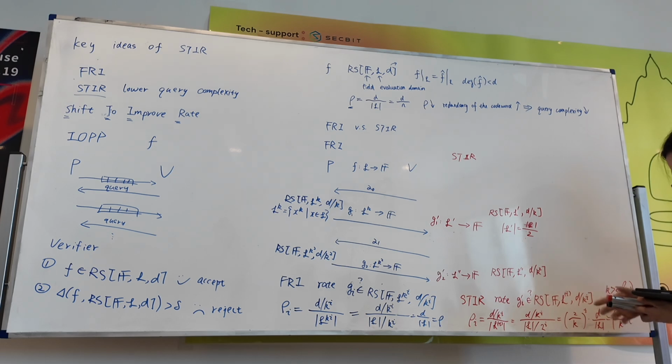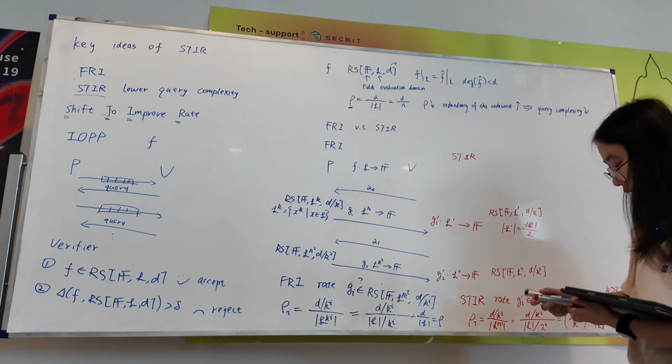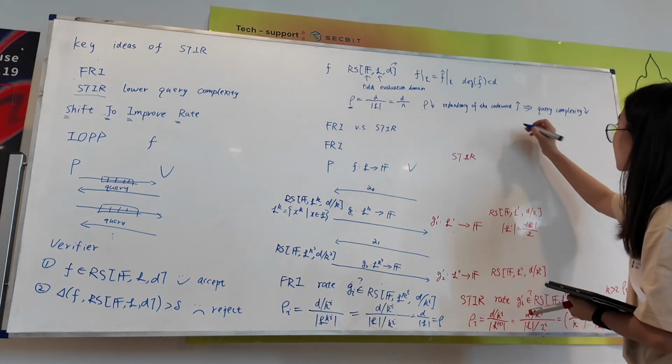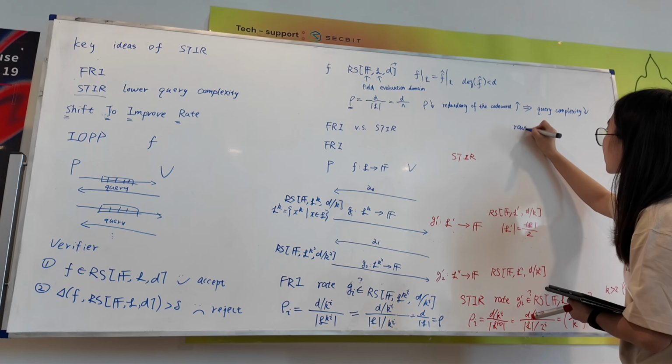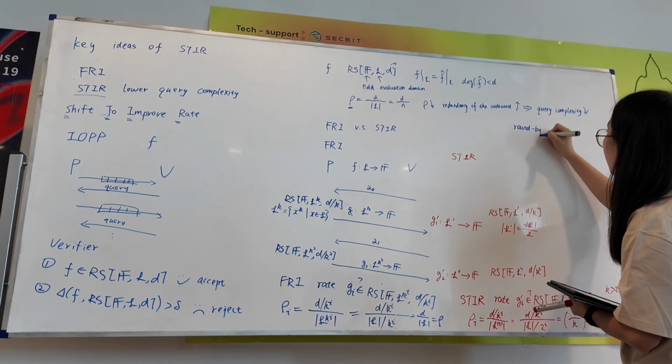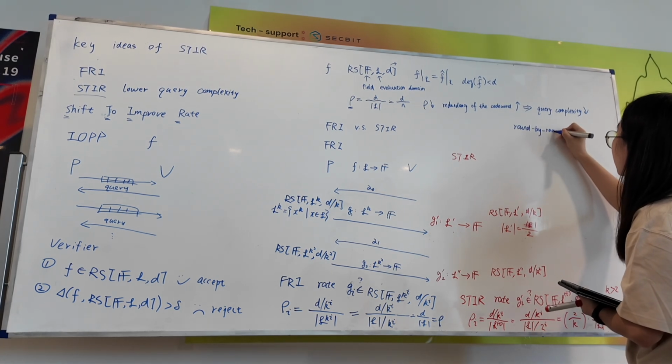And we can compute the query complexity of FRI and STIR. We assume round-by-round soundness.